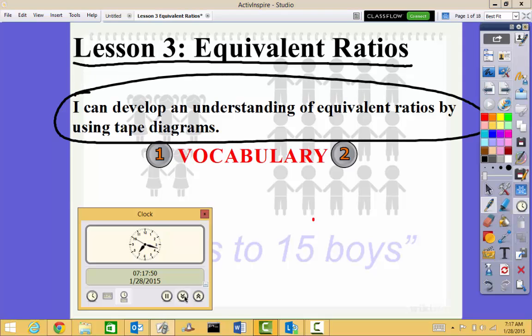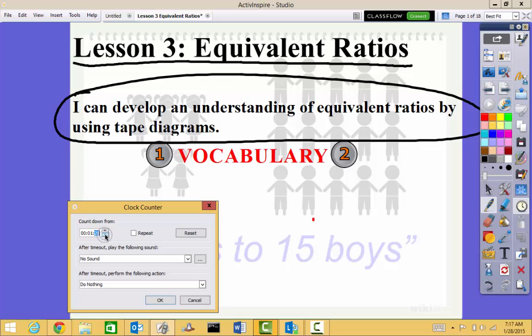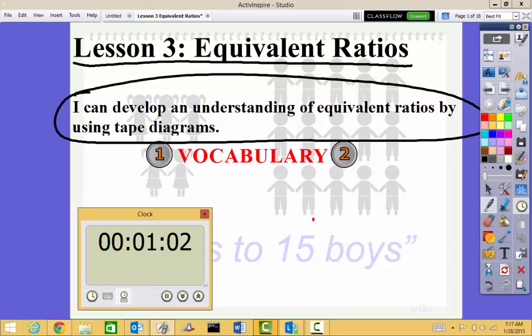Please do that now. You have 15 seconds to finish copying.